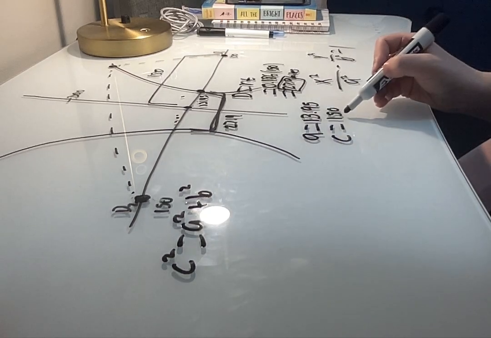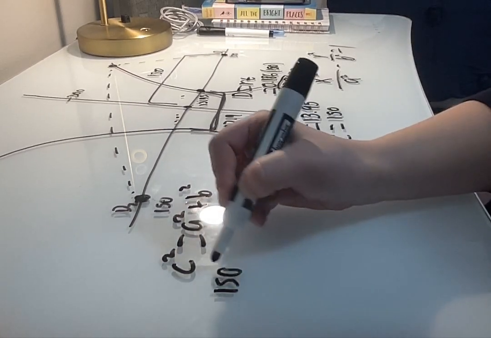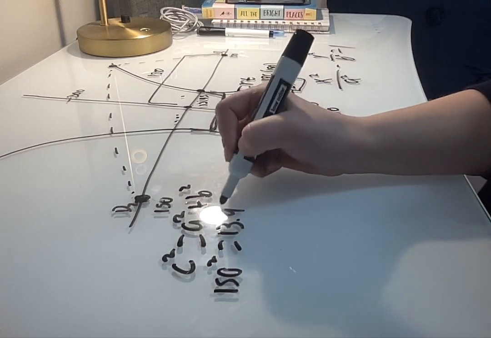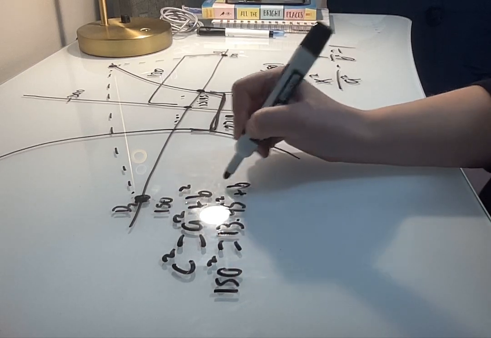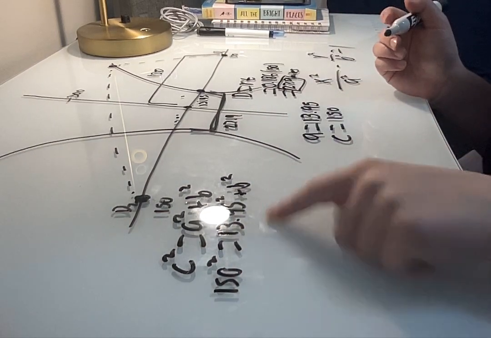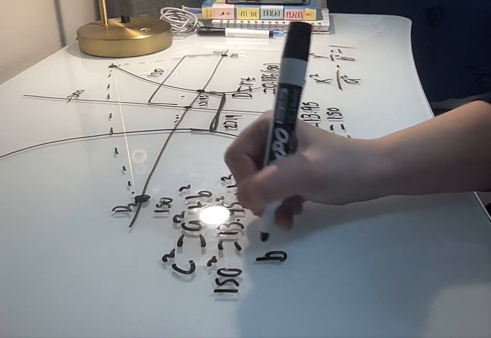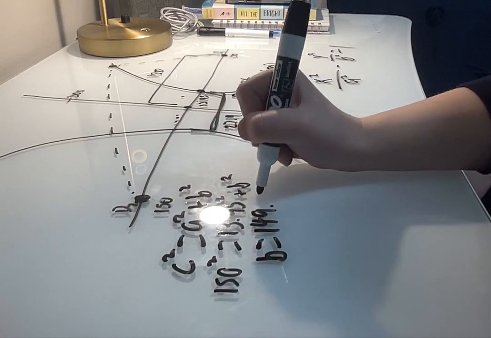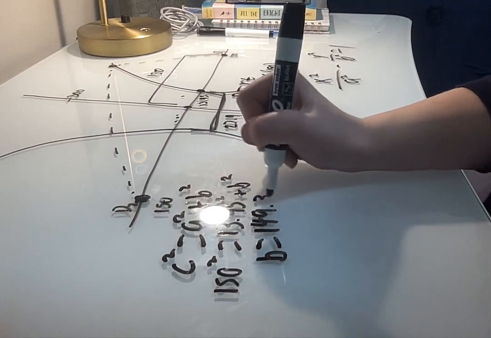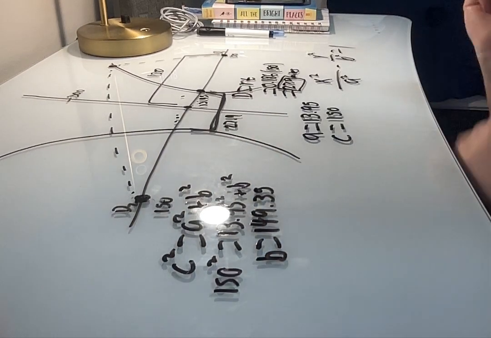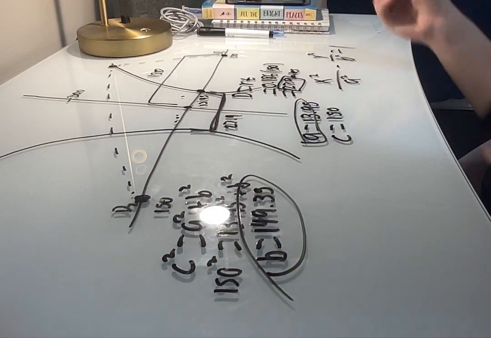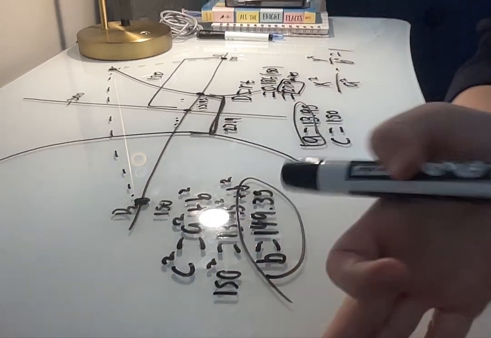And we know that C is 150, and we know A is 13.95. And so now B comes out to be 149.35. So now we've got our A and we've got our B, and now we can make our hyperbola equation.